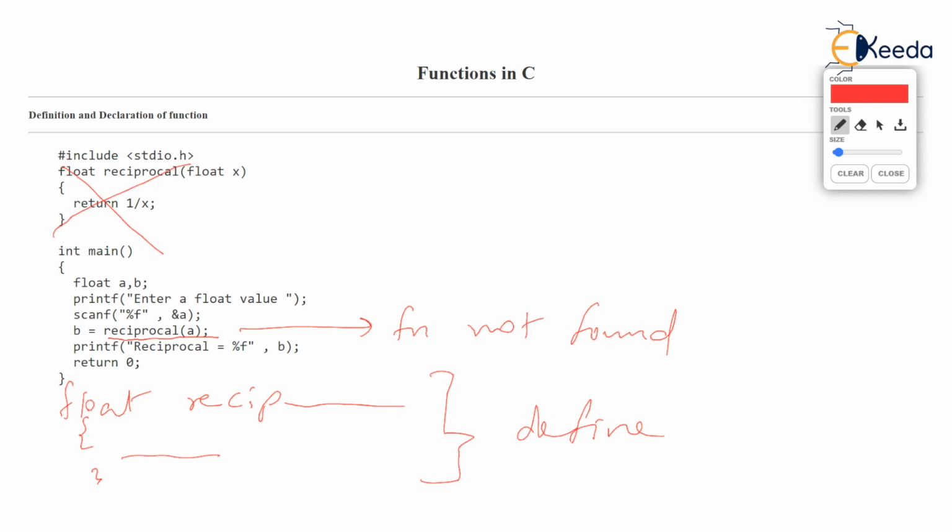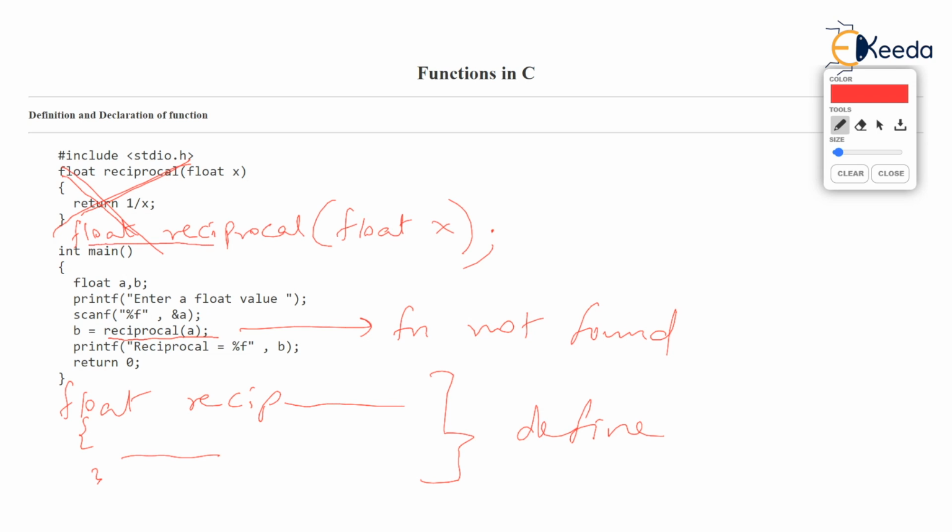But what if we don't want to define the function above the call? Somebody is very rigid and says, no, no, no, I won't write the function above the call, but I will write it below the call. Okay, fine. If you want to do that, then you will have to write the first line of the function above this. That is float reciprocal, float x, and end this line with a semicolon. What you are now doing is you are declaring a function.